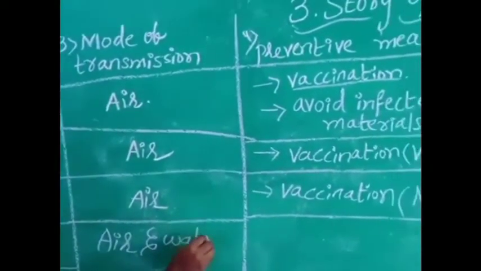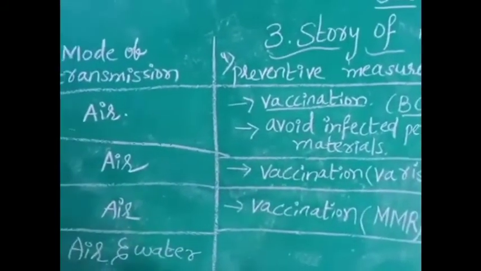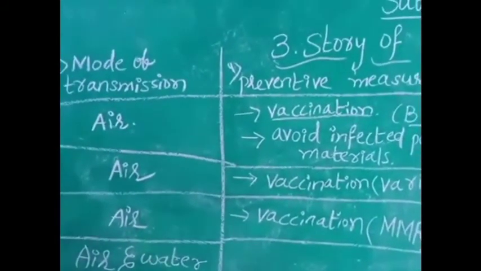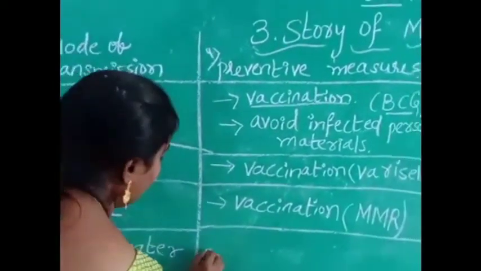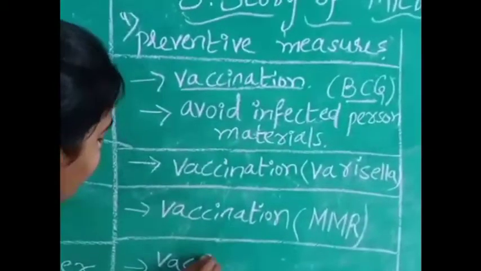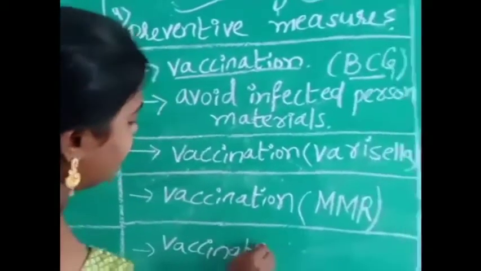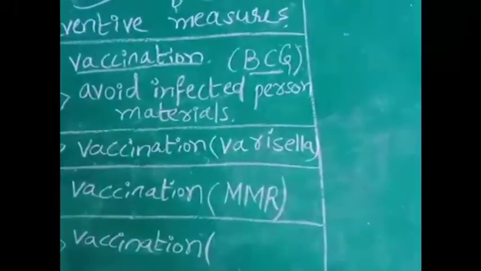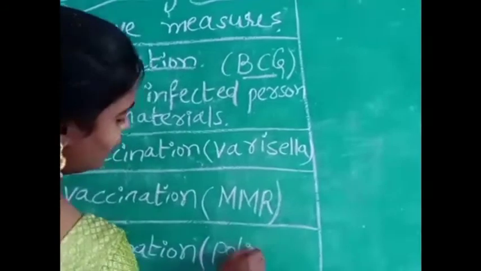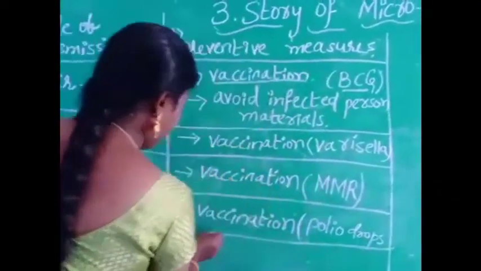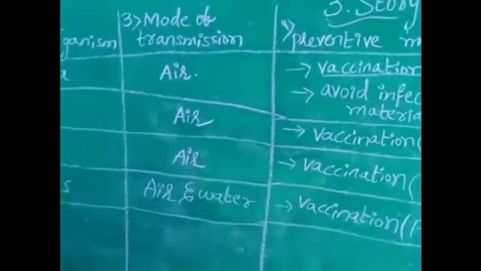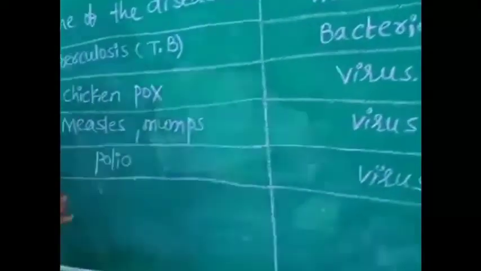We can control this disease by taking a vaccine, that is polio drops. If we take polio drops, we can control polio in childhood.